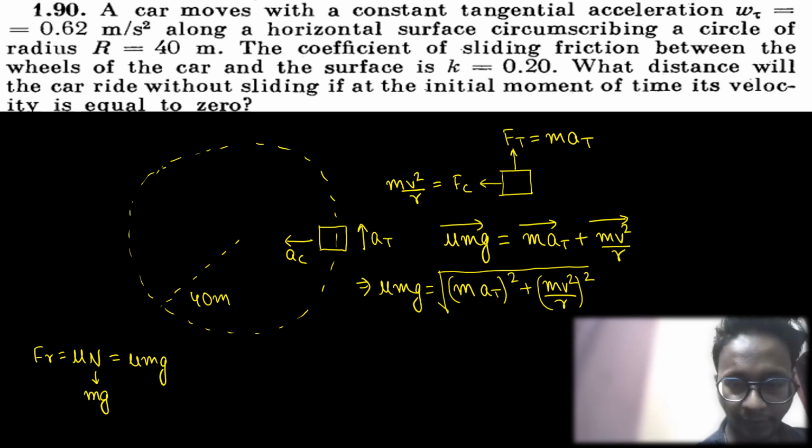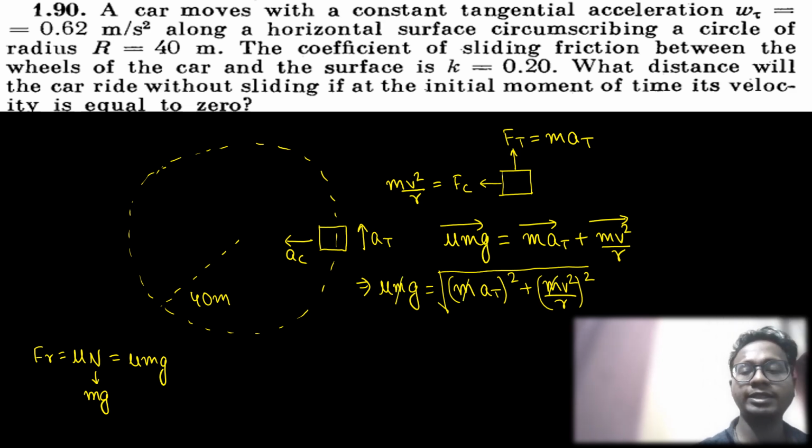Okay, or can I cancel m from out here? I'm cancelling the m value out here. M and m will get cancelled. See, if you take m square common out here and take it outside the under root, m and m will get cancelled.